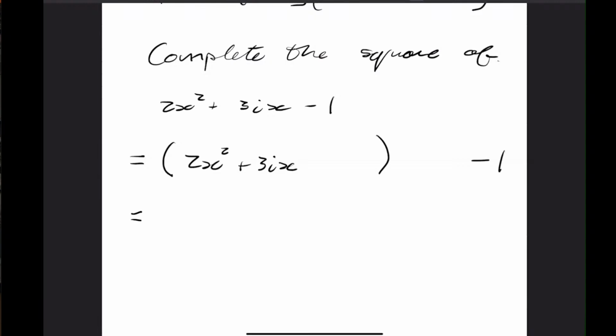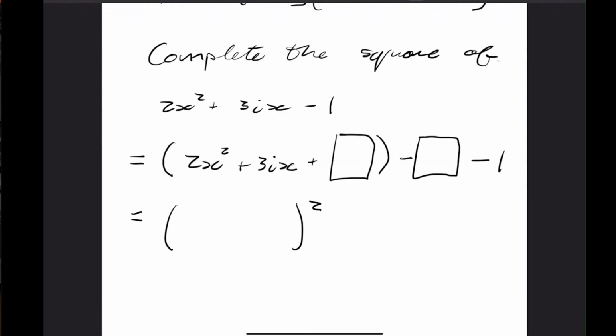And now we're going to ask what should we square to get what we're looking for here. So what we will do is we will add and subtract some terms here.